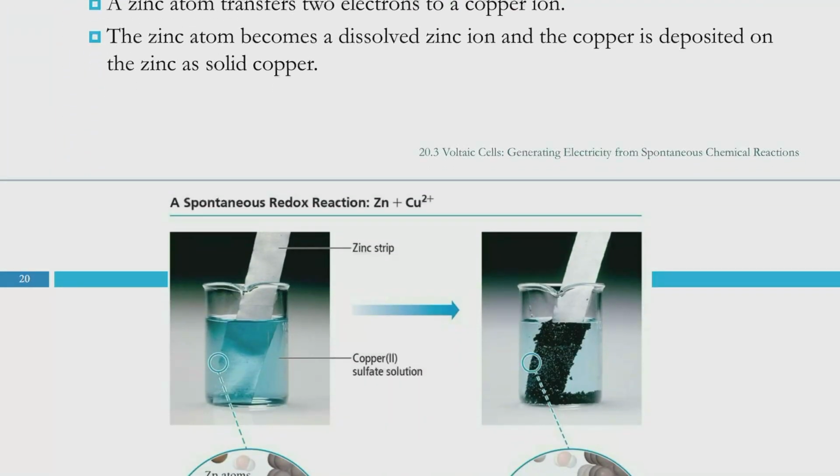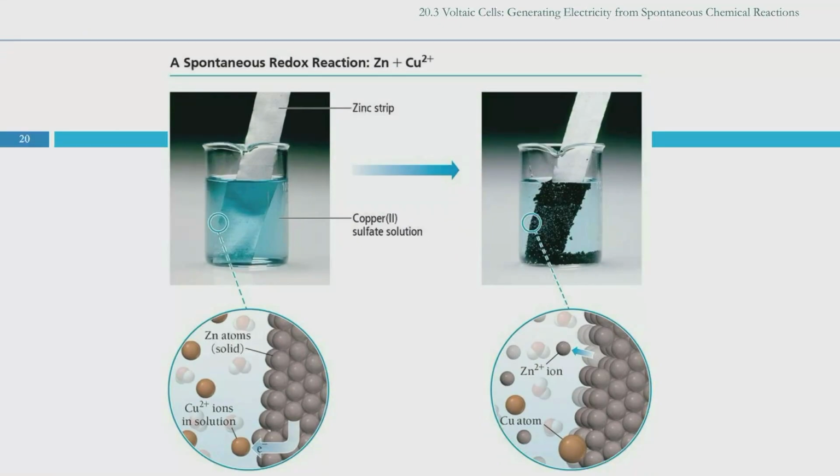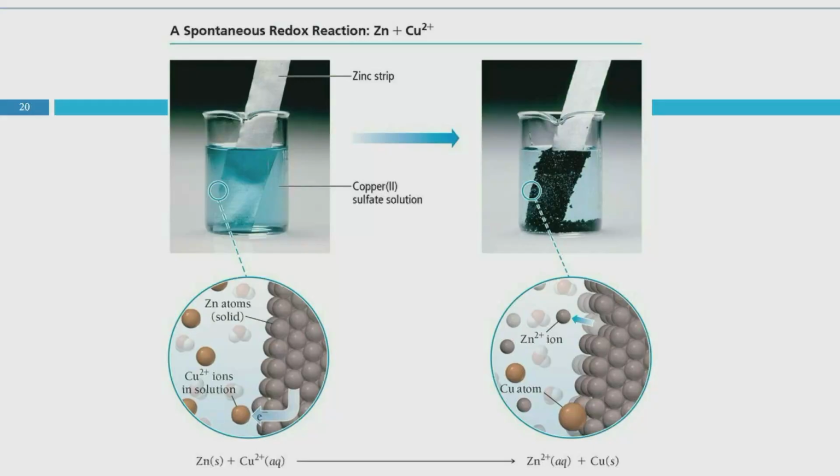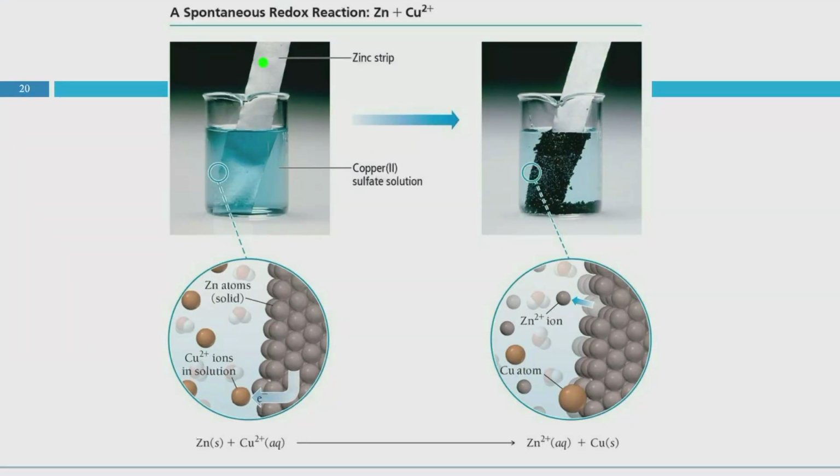and this might look something like this in solution or in practical application. So we've got a strip of zinc metal that's in a copper 2 sulfate solution, and what's going on is our zinc strip, we've got a lot of zinc here, and we've got copper ions in solution, and so the zinc atoms can donate or give electrons to the copper 2 plus ions in solution.